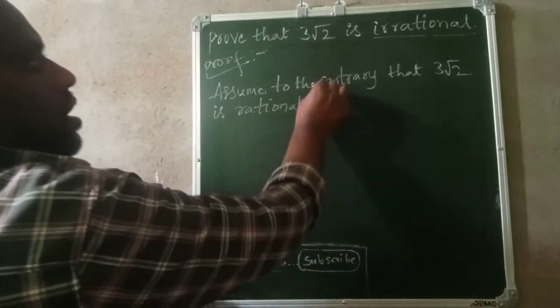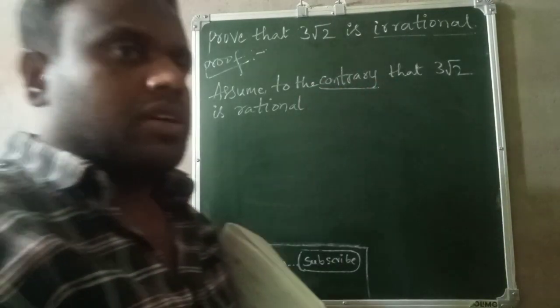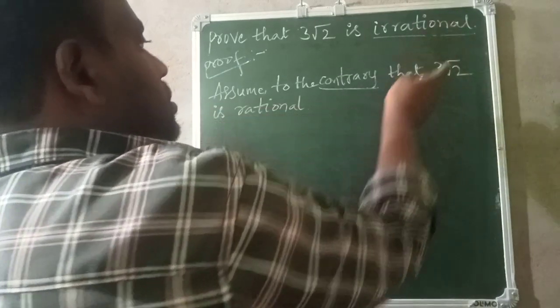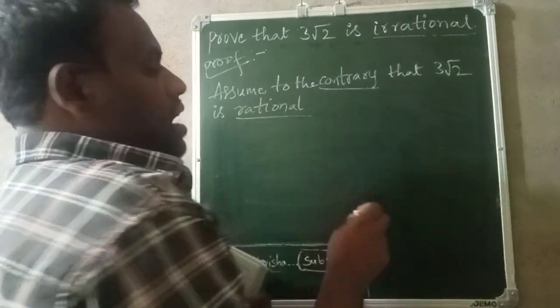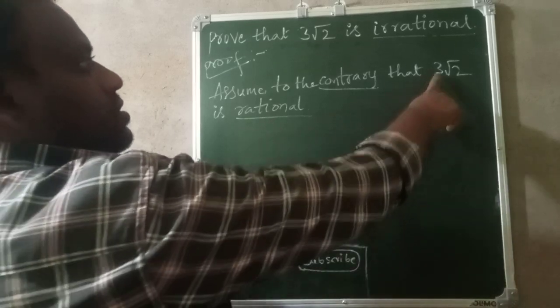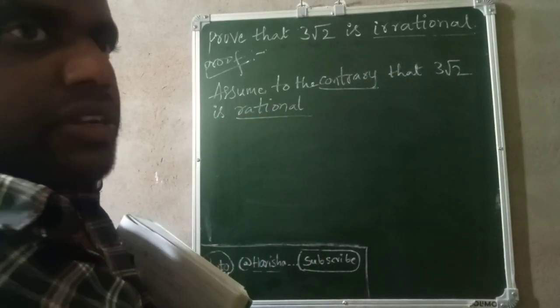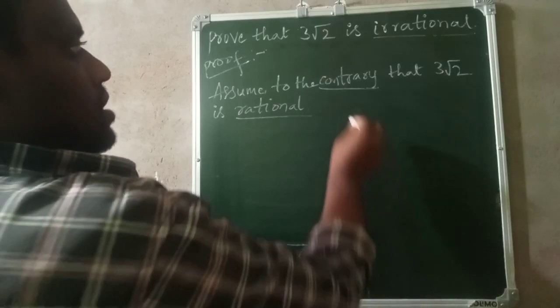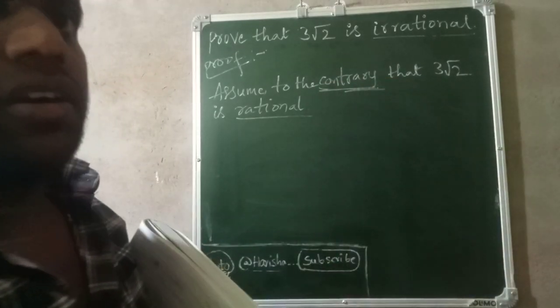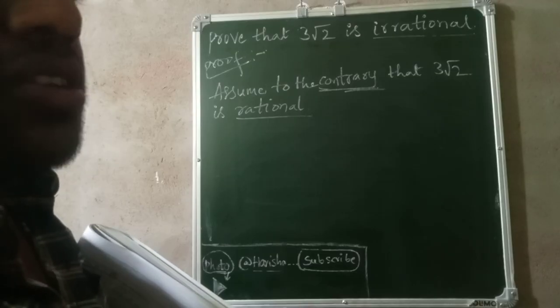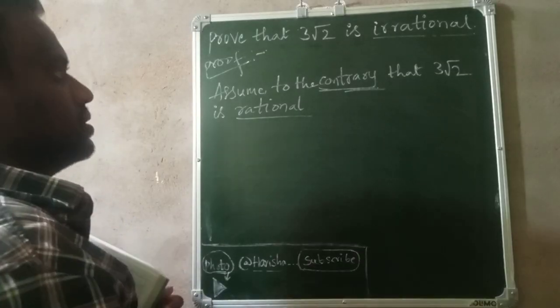Contrary means opposite, reverse. Instead of irrational we will take rational. That means 3 root 2 is rational. So we are taking it in the reverse, opposite way. That is the meaning of contrary.